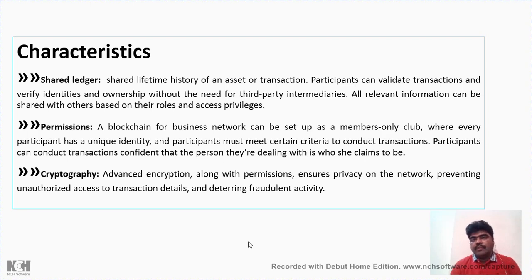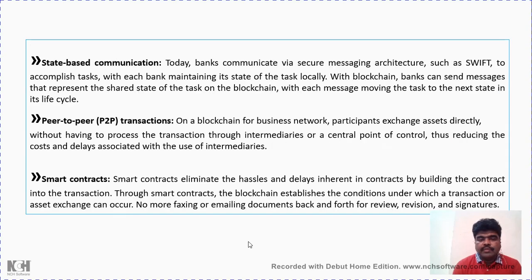Cryptography is a process of securing the data blocks within the blockchain so that they cannot be compromised or tampered with, so that the transaction is secure. There are different protocols or algorithms that can be used as part of encryption and decryption methods. We'll see them later.